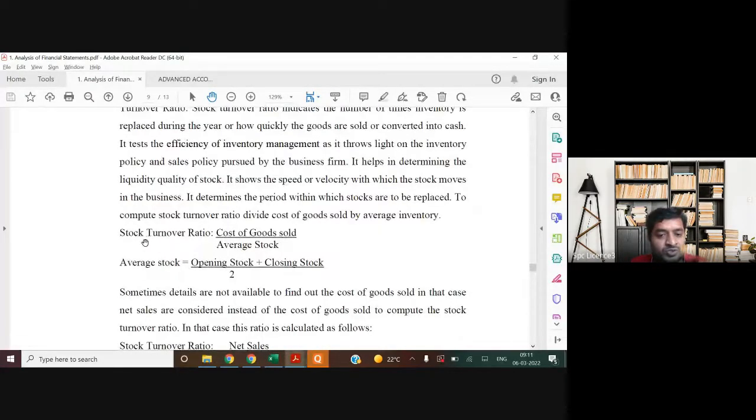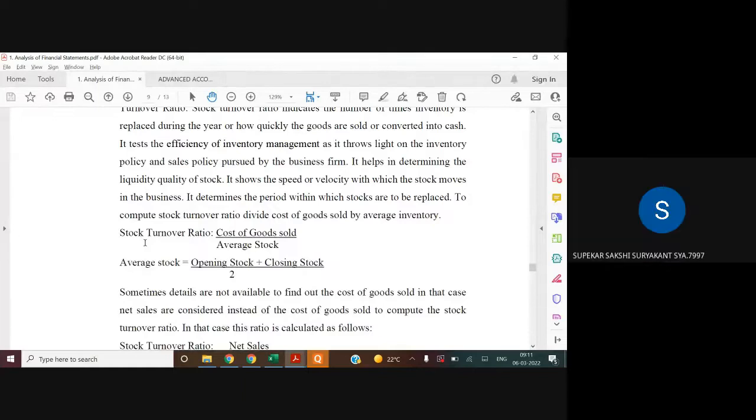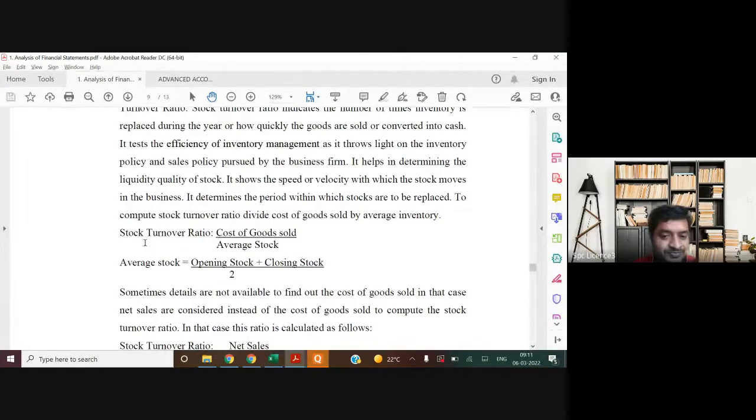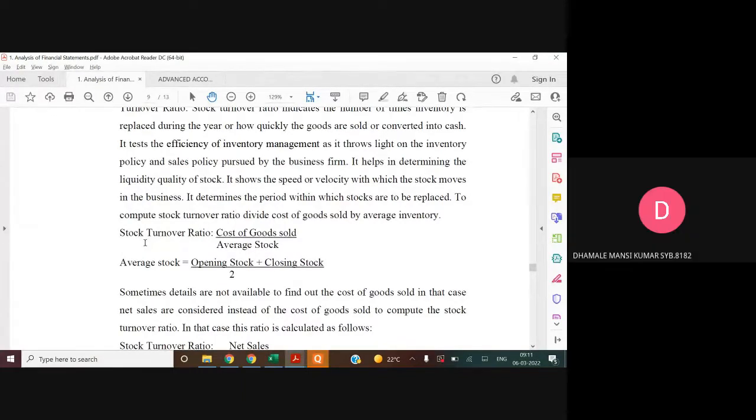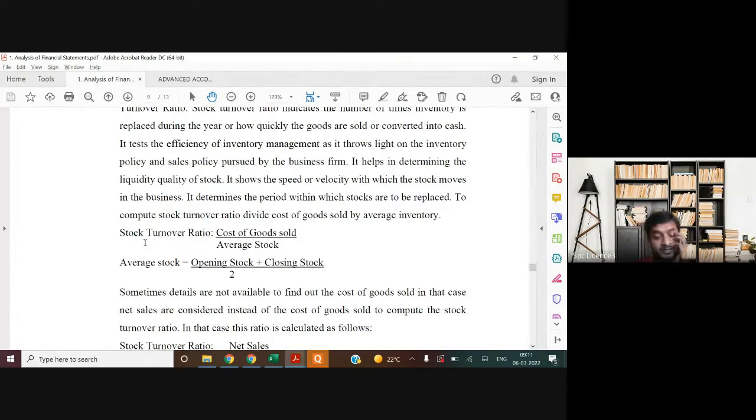Stock turnover ratio is equal to cost of goods sold divided by average stock. Did you understand how the formula came about? Yes, sir. Very good. Now let me tell you one thing. If you are asked to compute stock turnover ratio, you will need two figures. First figure is cost of goods sold, and the second figure you need to calculate is average stock, right?